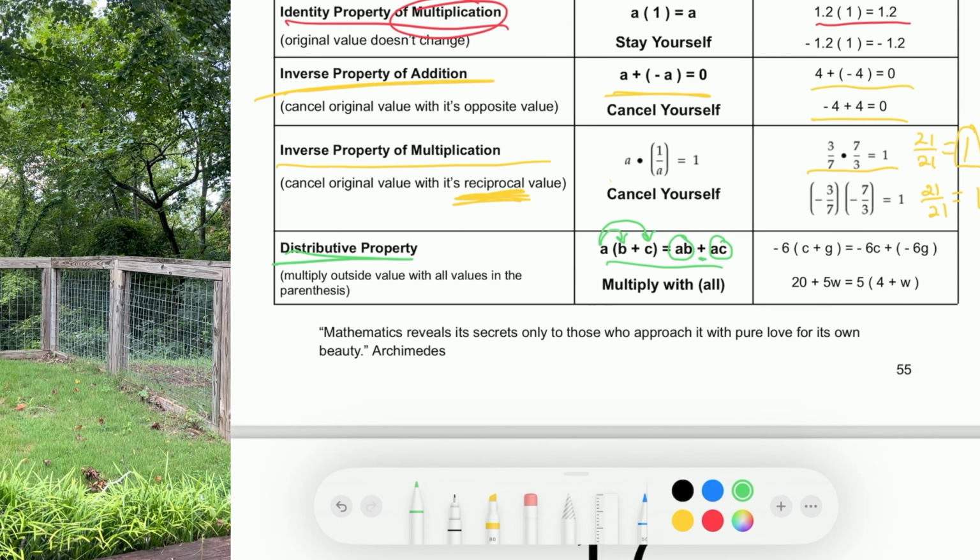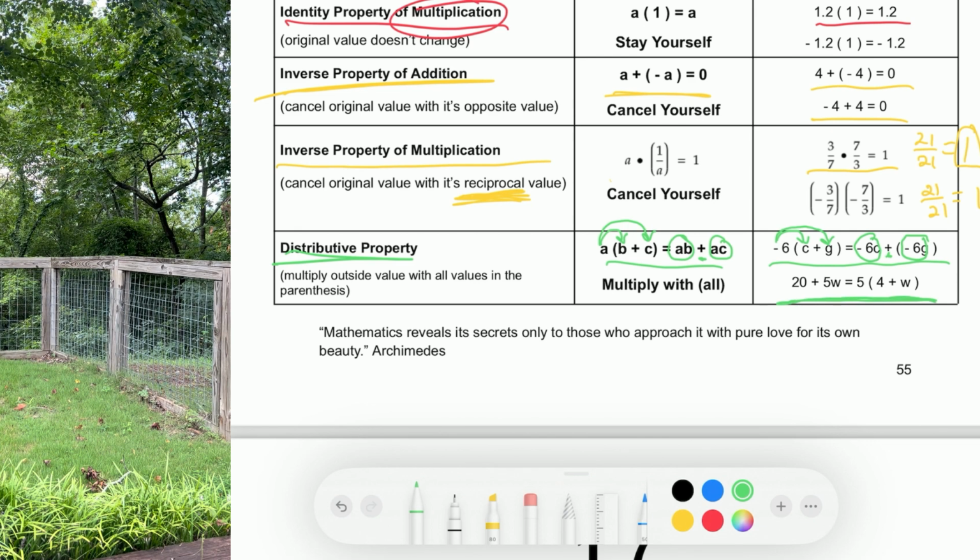And we have that plus sign in between. So let's look at an example. We're going to multiply the negative 6 times the c to get negative 6c. Then we're going to multiply the negative 6 times g to get negative 6g. Keep that plus sign in the middle.